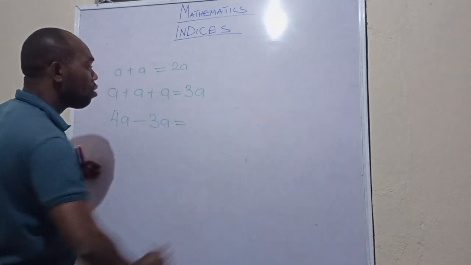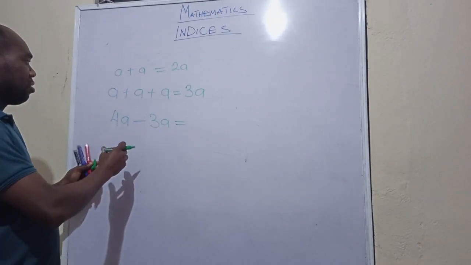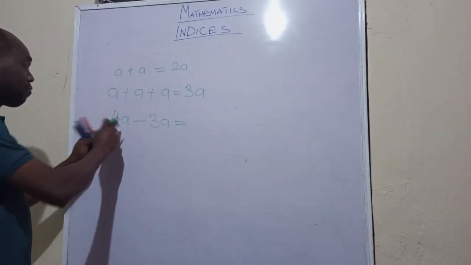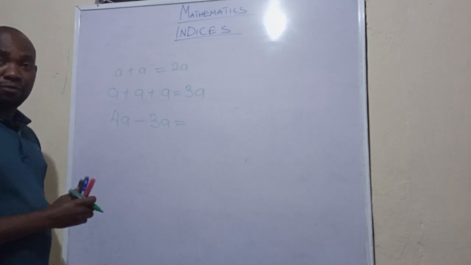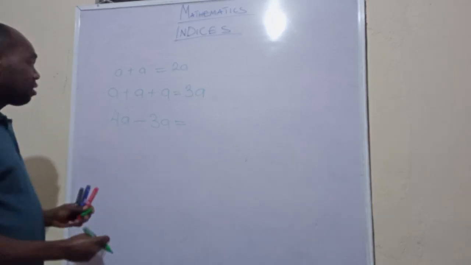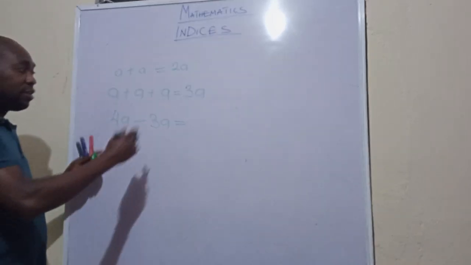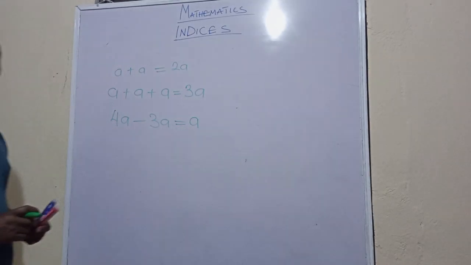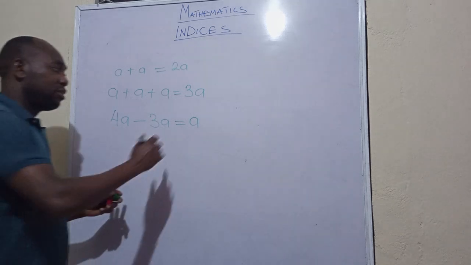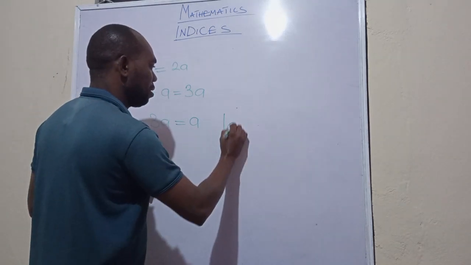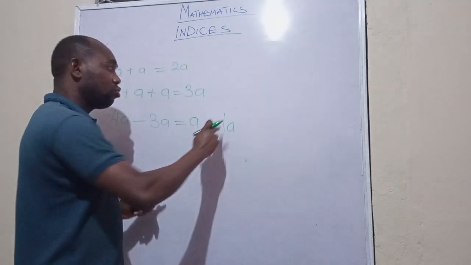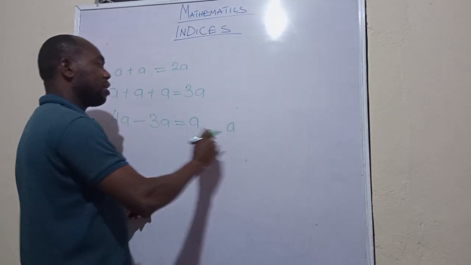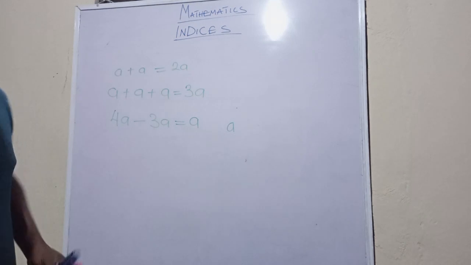What it simply means here is that we will remove 3 of the A's from the 4A. So if we remove 3 of the A's from 4A, only one A will remain, and the answer would be A. We could have written 1A, but since it's just 1, there is no need of indicating the coefficient 1.